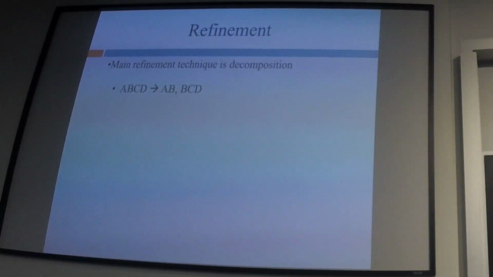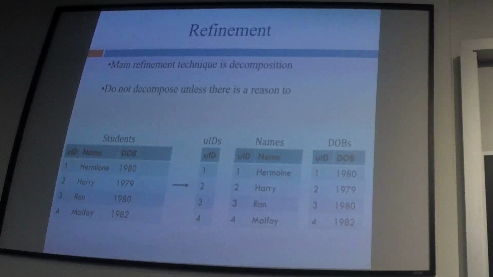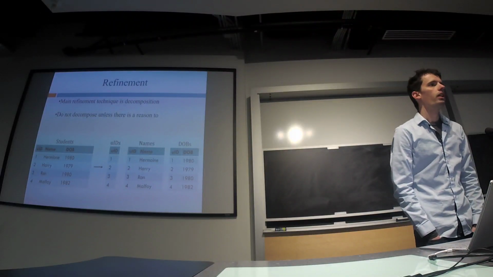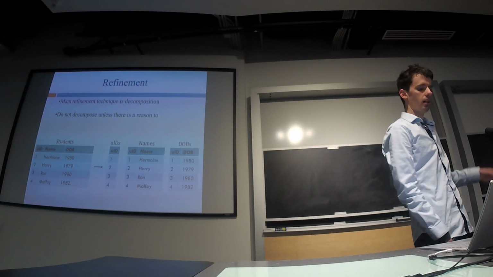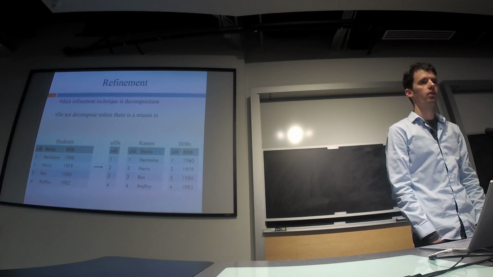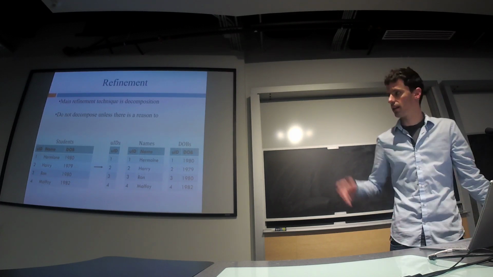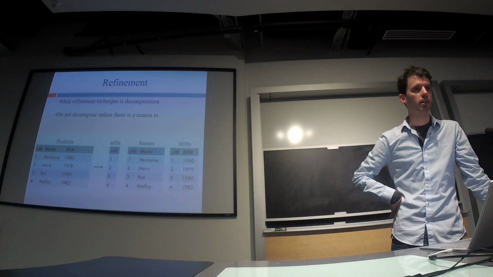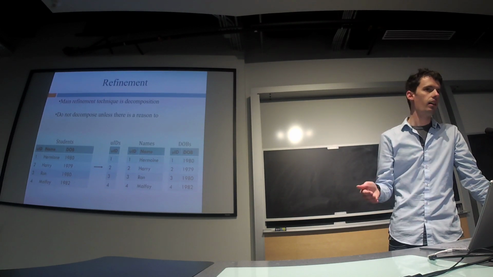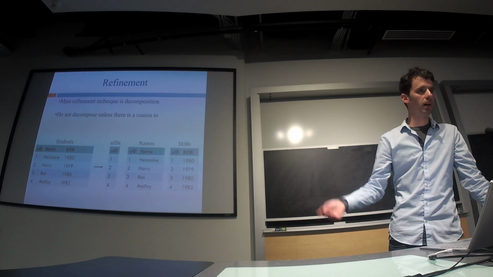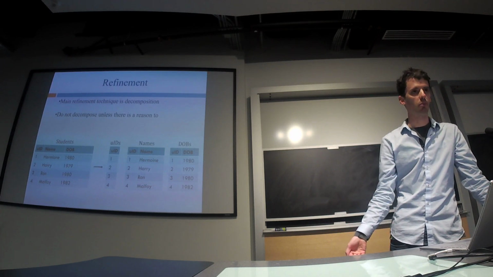We've done this, just not formally with this name. So you could go to the extreme and just say decompose everything. Make a whole bunch of 1 or 2 column tables. I could take students and decompose it into just UIDs, and then UID combined with name, and then UID combined with date of birth.